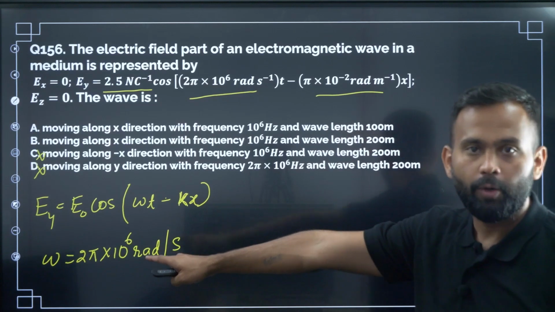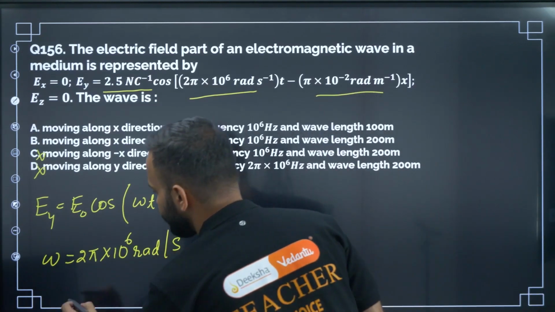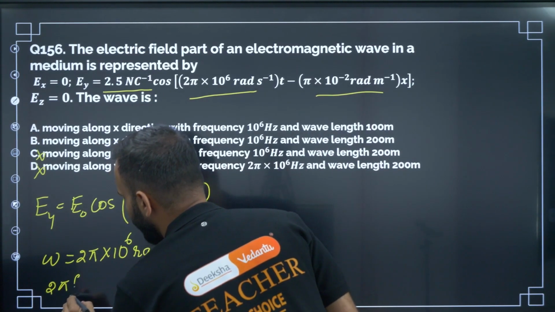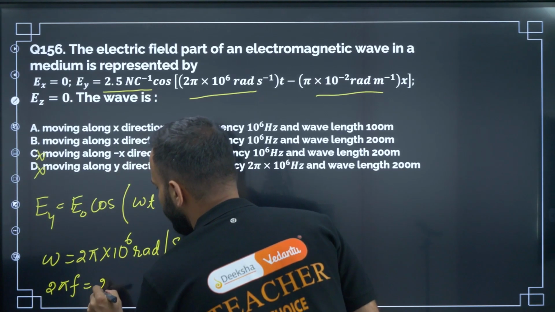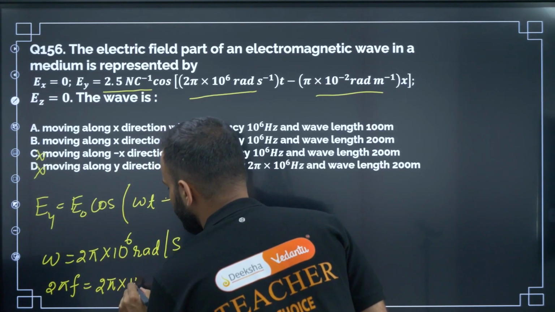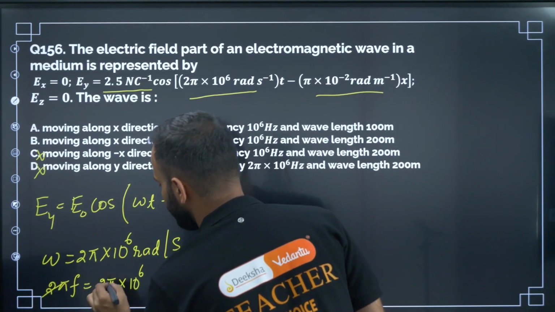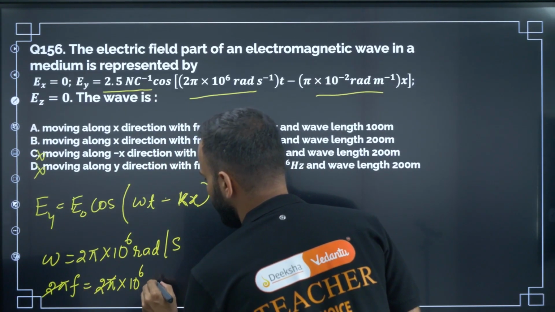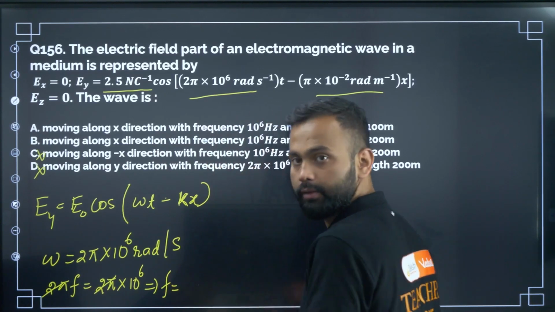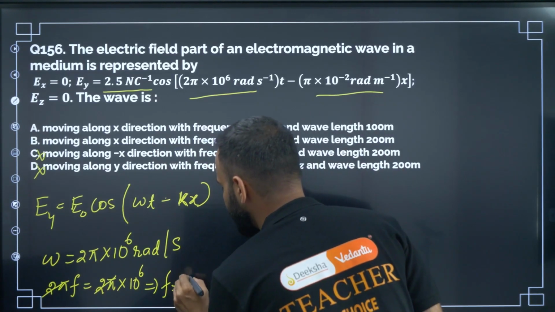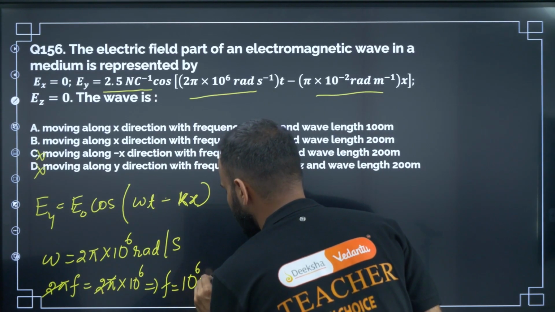So what is omega? Omega is 2 pi f, right? So 2 pi f is equal to 2 pi into 10 to the power 6 radian per second, right? So 2 pi will get cancelled. So f is equal to 10 to the power 6 hertz, right?